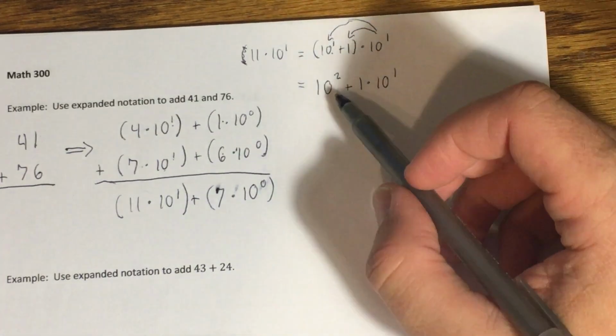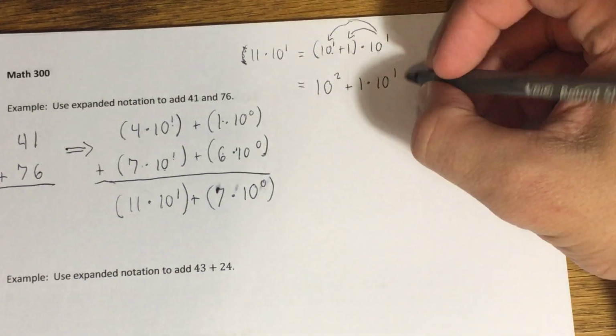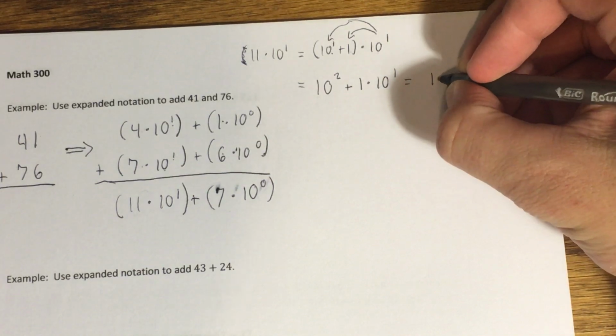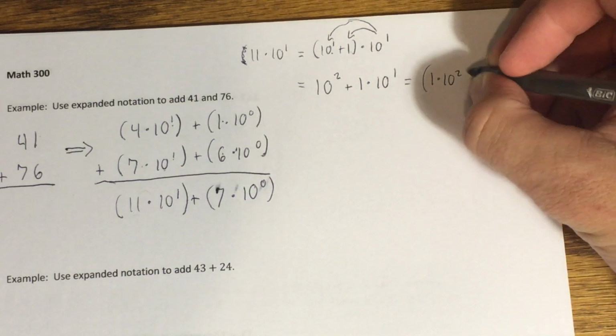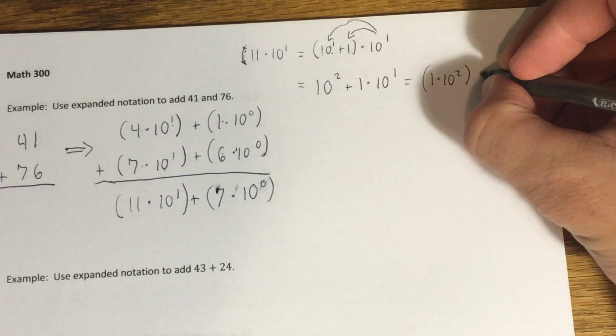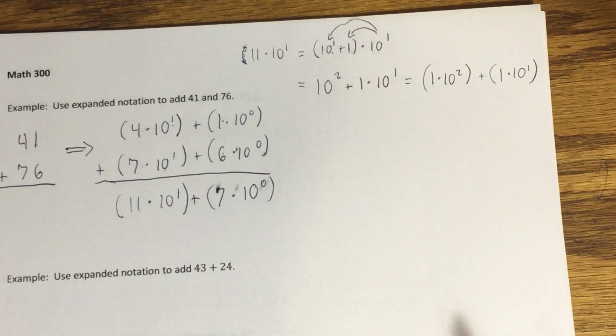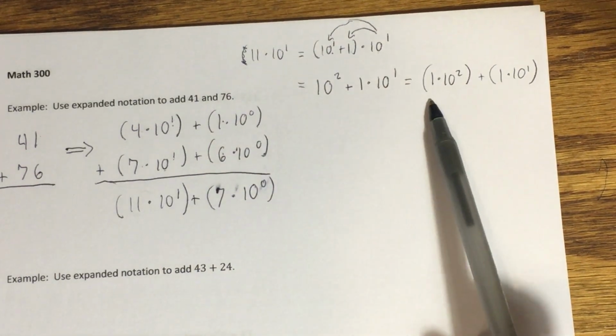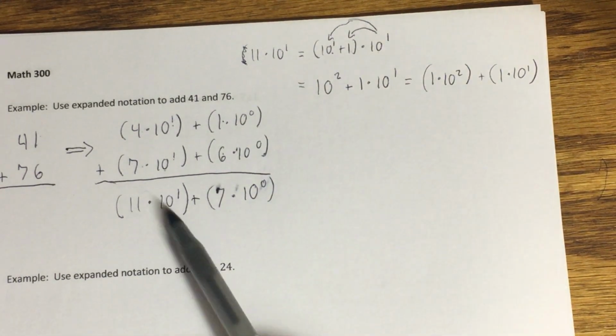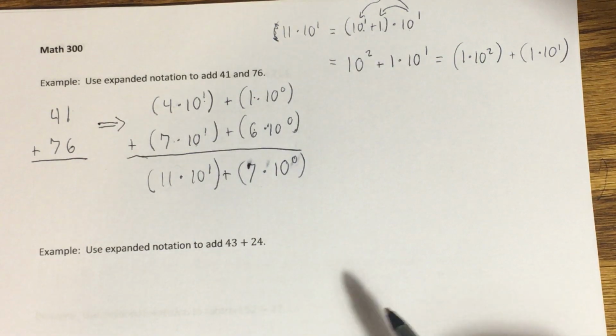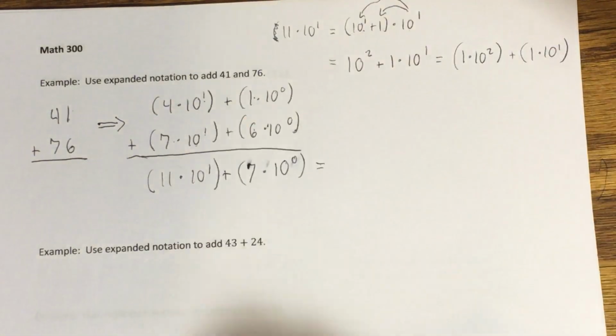Now, technically, even though this just says 10 squared, I could also write it as 1 times 10 squared because that's still equal to 10 squared. And here I have plus 1 times 10 to the power of 1. And the point of doing this is that it allows me to take this term right here and break it up into something that's technically the standard form of a number.